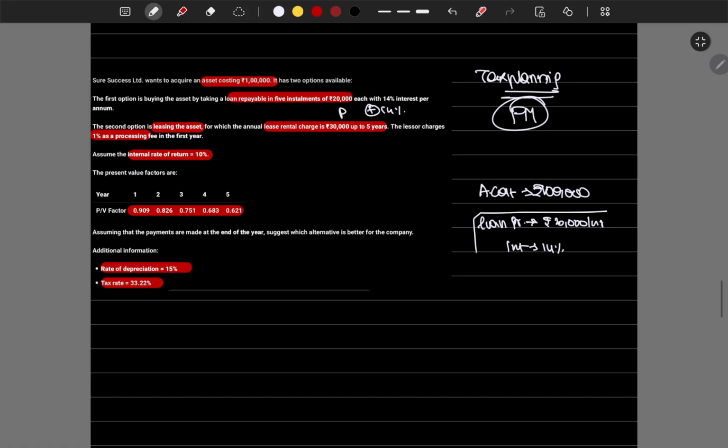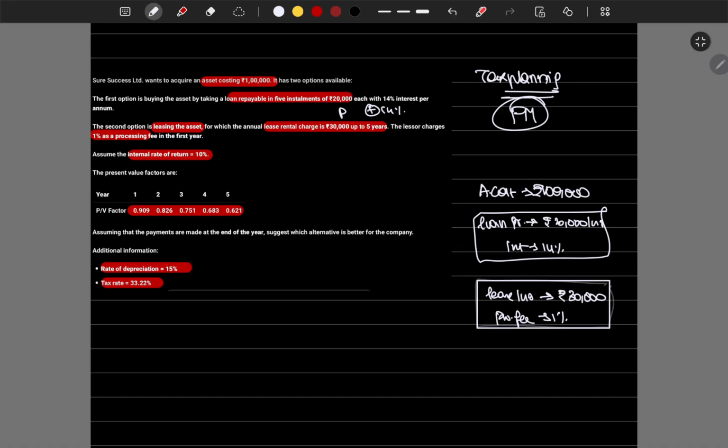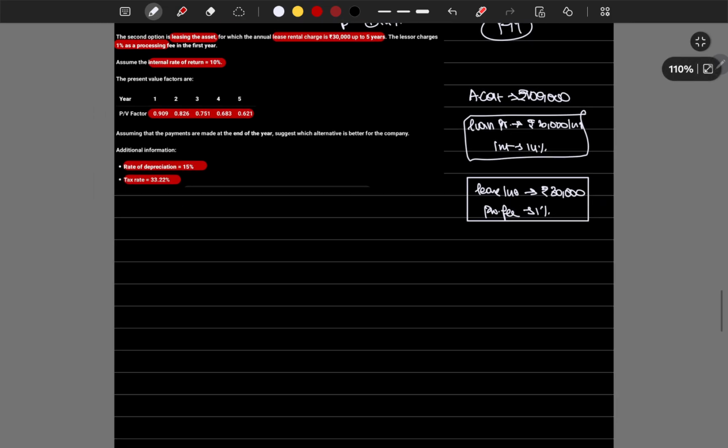That is the first option. Second option, lease per year, which is 30%, processing fee 1% in the first year itself, first year only. And depreciation they have given.